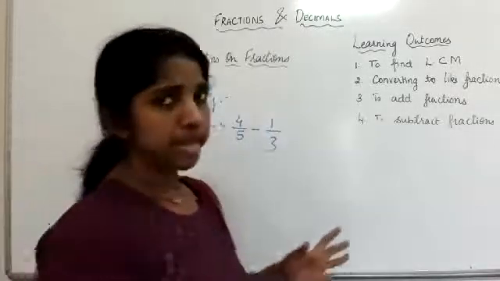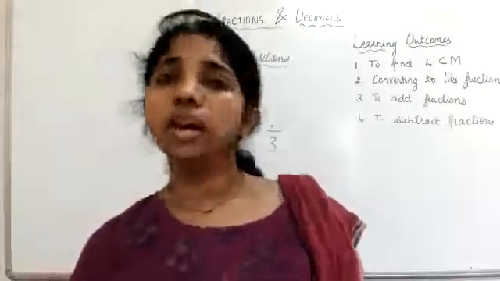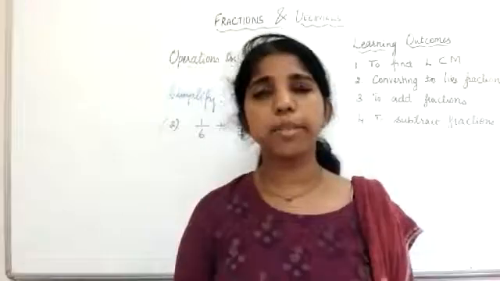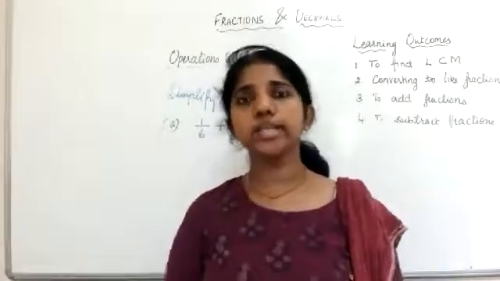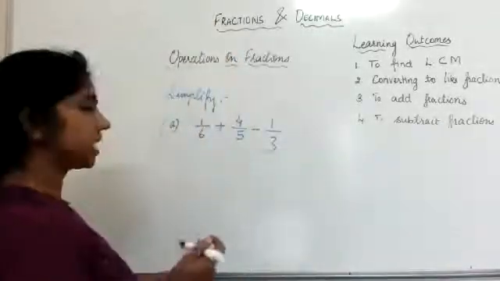Now how to do it? Again the same method. We are not going to use any new concept here. When you have to add or subtract any fractions, we take the LCM of the denominators. So let us find the LCM of 6, 5 and 3.